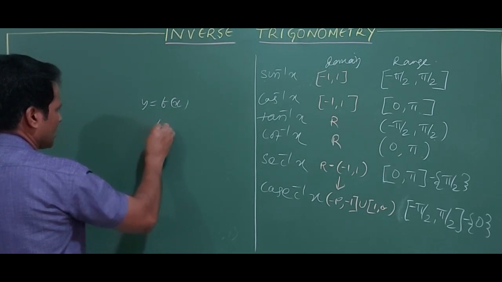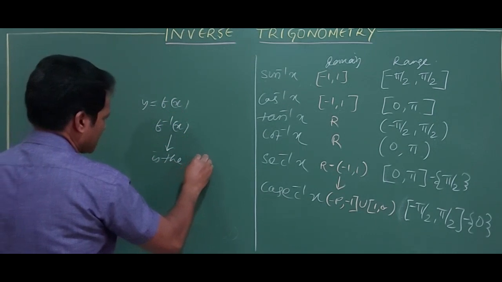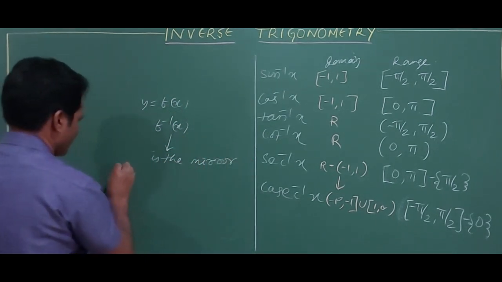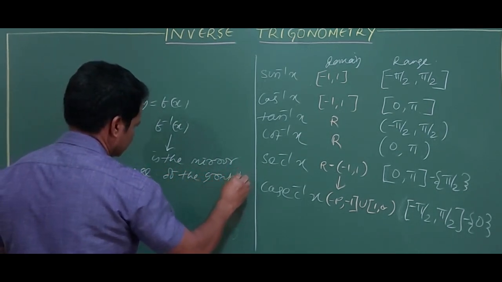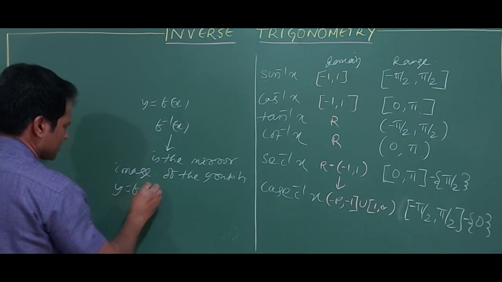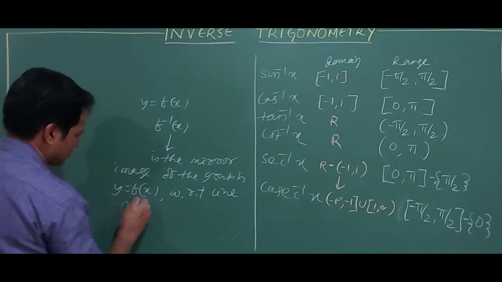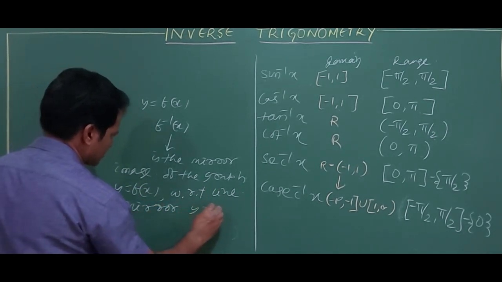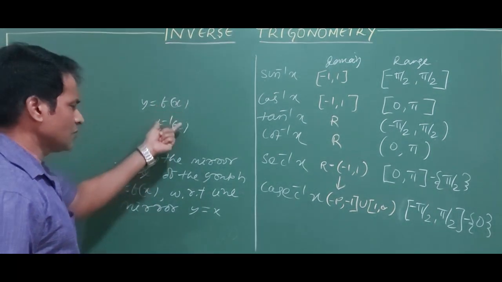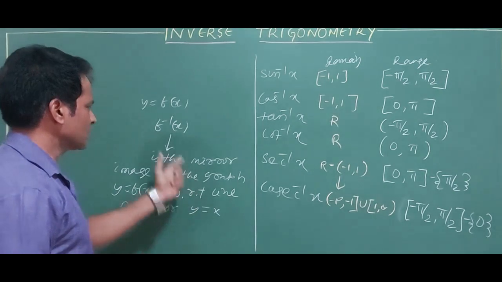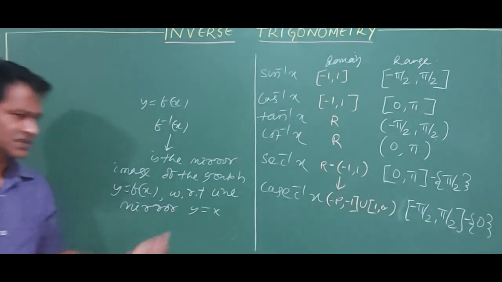If I want to draw the inverse of f(x), then its graph is the mirror image of the graph y equals f(x) with respect to the line y equals x. That means when I draw f inverse x, I draw the graph of f(x) and then reflect it with respect to the line y equals x. When I explain it to you, it will be clear.